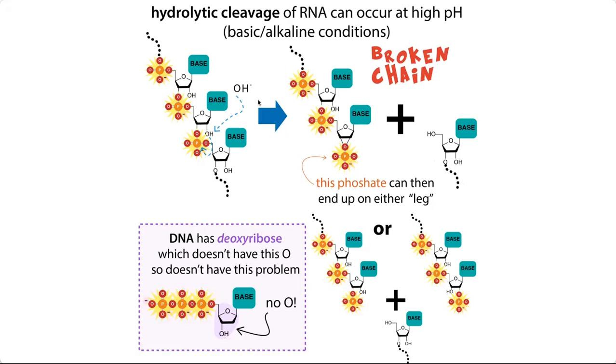And this is going to lead to problems if we were to rely on RNA as a long-term storage form. DNA, however, we don't have that problem. It doesn't have that O, so it can't kick off the next letter. And so with your DNA, you don't need to worry about this base-catalyzed hydrolysis.